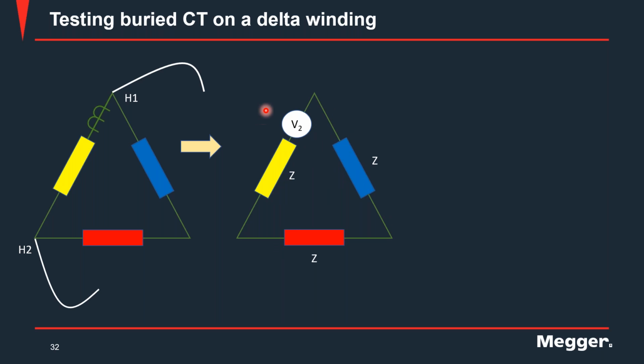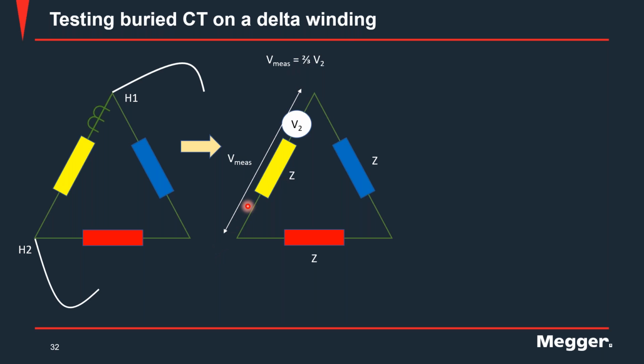Now what happens is that voltage that's induced here drops along these three impedances in equal amounts, right? So 1/3 of the voltage will appear here, 1/3 of the voltage appears here, 1/3 of the voltage appears here. What we are doing is we are measuring the voltage drop between these 2 points. So what we get is V2 minus 1/3 of V2. So we end up measuring 2/3 of V2.